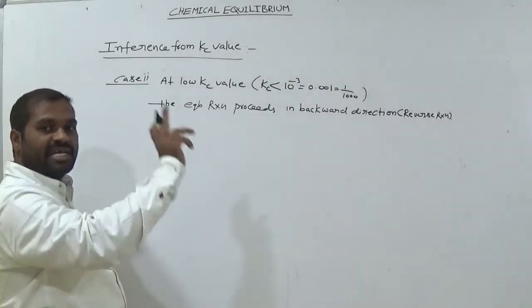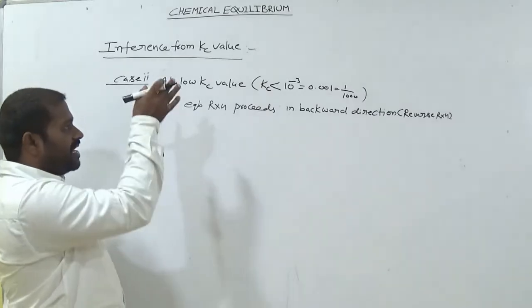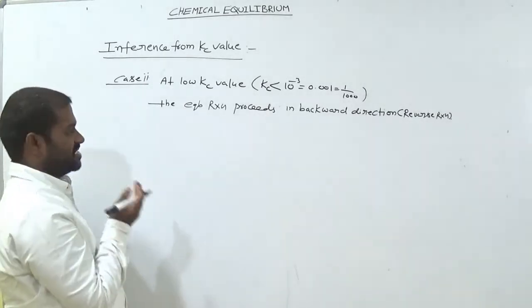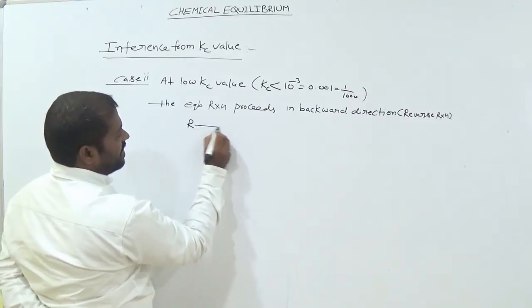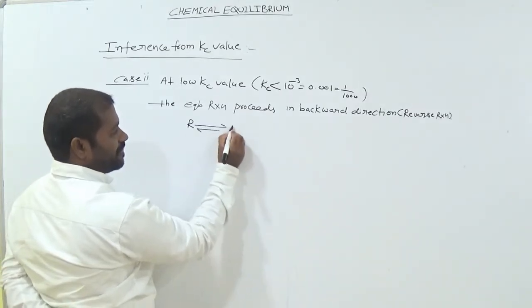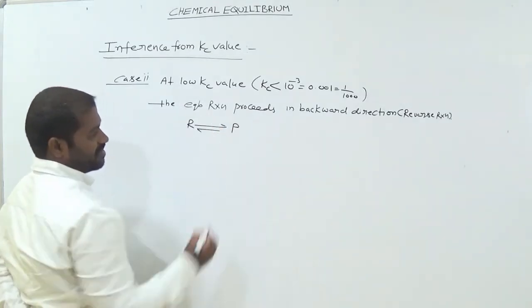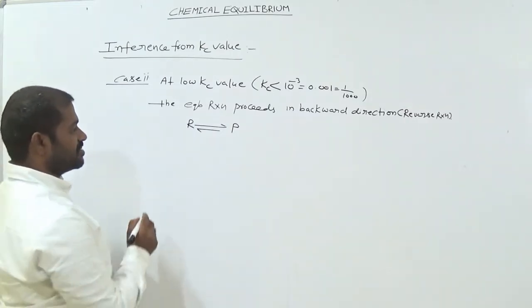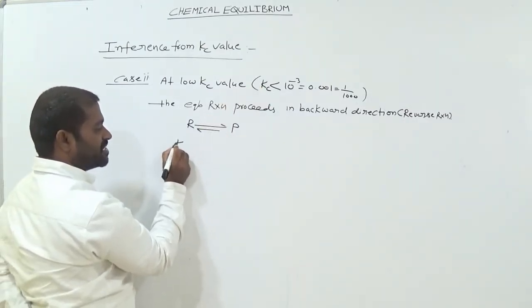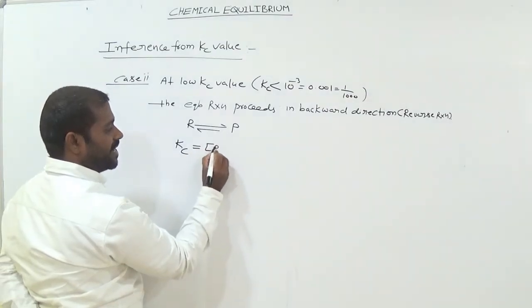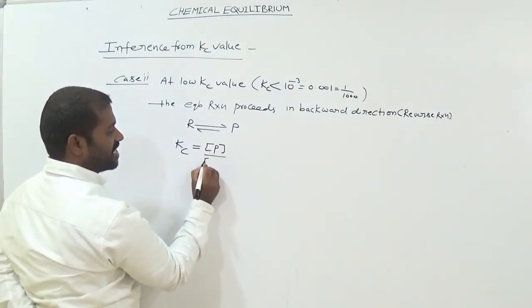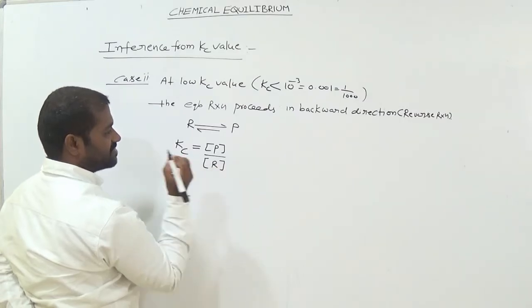So when Kc value is high, it is forward. When Kc value is low, that is backward reaction. Simply, the reactants are reversible to products. So what is the Kc expression here? Kc is equal to the molar concentration of products over the molar concentration of reactants.